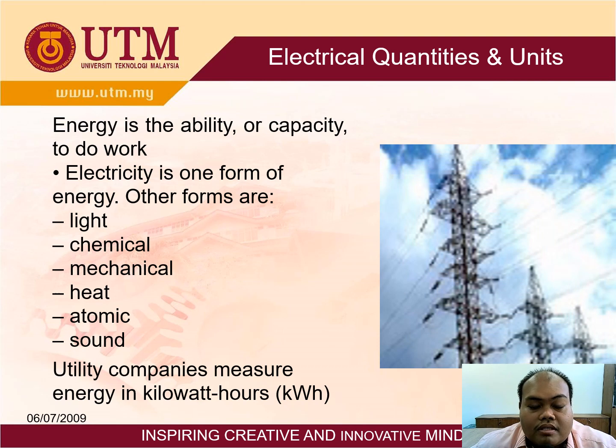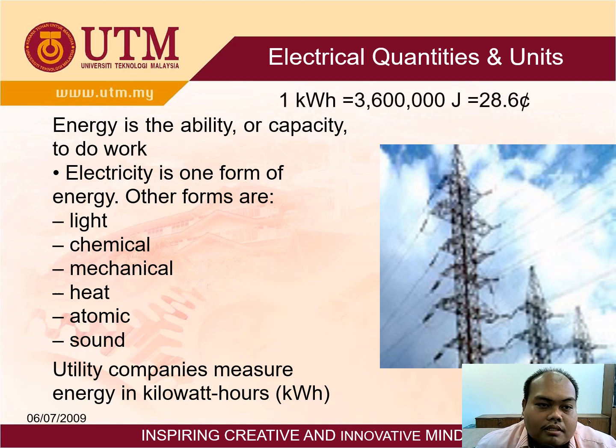Previously we talked about electrical quantities, which are current and voltage. Now the third quantity that is important when it comes to electrical is energy. What is energy? Energy is the ability or capacity to do work. Electricity is one form of energy.